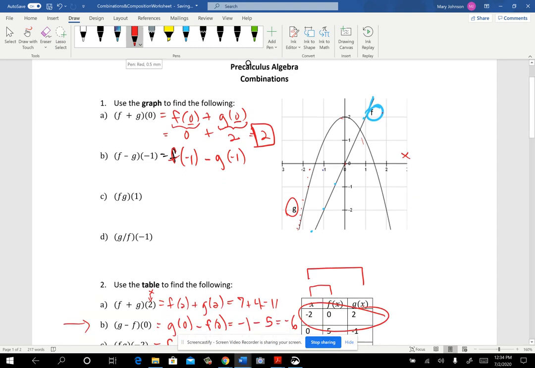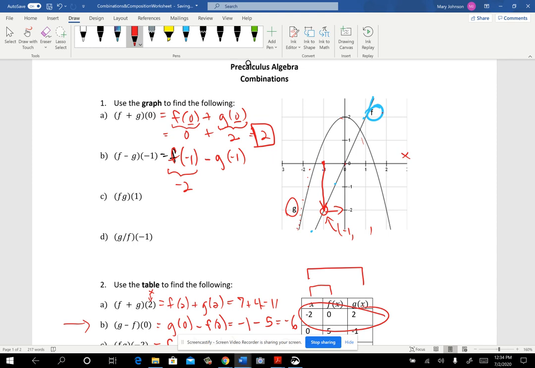The x is negative 1, so that means you should be over here at an x of negative 1. When you try to find the value of the function f at negative 1, the f is the line. You have to drop straight down to get an ordered pair that has an x of negative 1. There it is. And then you read off the y-coordinate, which appears to be negative 2.